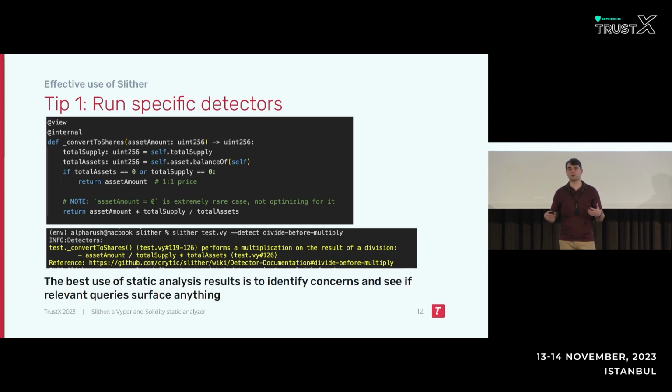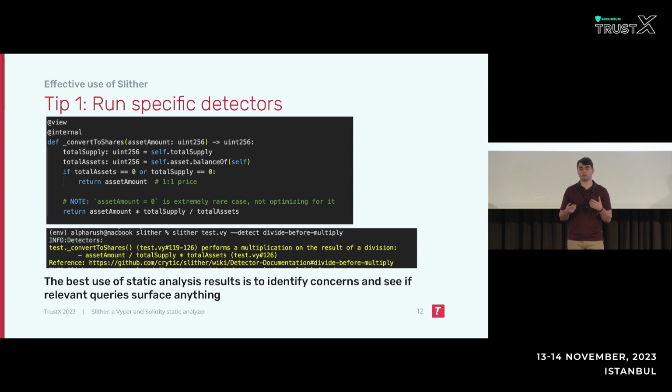And so if we're familiar with this standard and we know of potential issues with it, we can grab out of this bag of detectors and say, which one could help me find potential issues that I'm concerned with. And so here we would ask Slither, can you detect instances of divide before multiply? Because doing division on the result of multiplication can result in the loss of precision and thus the rounding error that we're talking about.